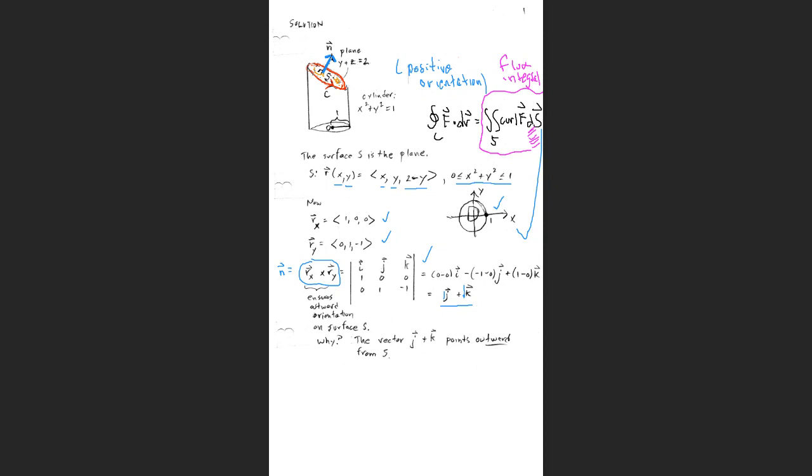When you do a cross product, you'll get a normal vector to the surface, but it will either point outward or inward. If it's pointing inward, just negate it so it points outward from the surface. Hopefully this is good so far.